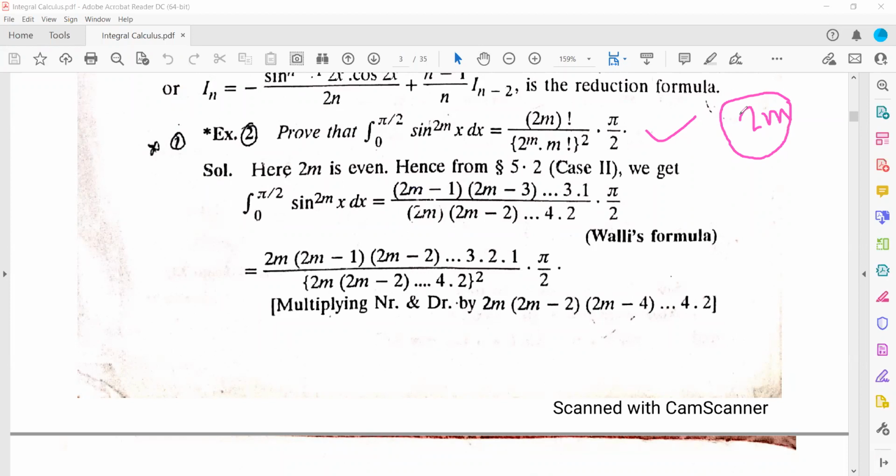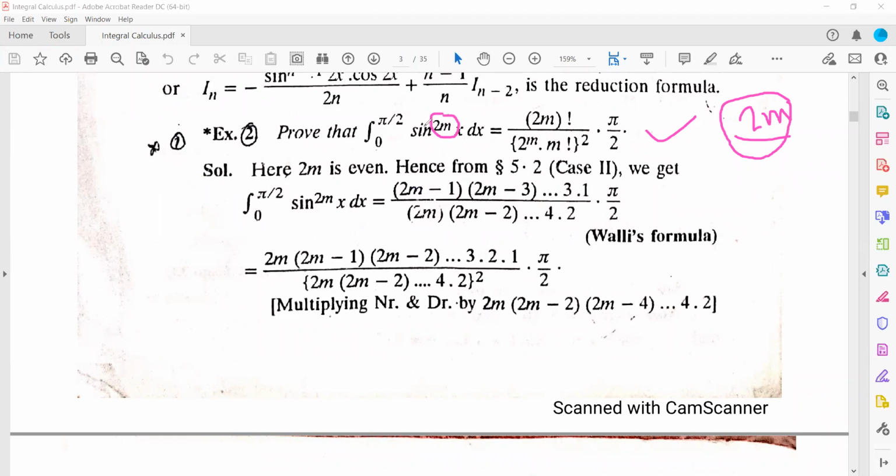Positive even integer. Obviously, it's a positive even integer. So here the value of n is even. Sine to the power n, n means twice m, and twice m is even.